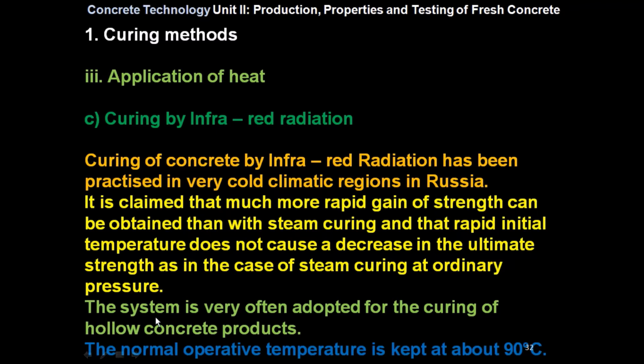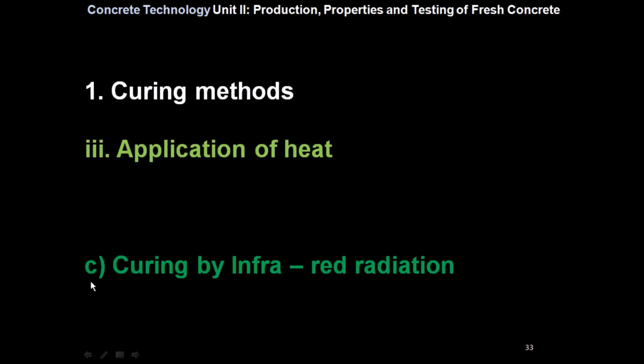This system is very often adopted for the curing of hollow concrete products. The normal operative temperature is kept at about 90 degrees Celsius. So we have seen the third method of application of heat, curing by infrared radiation.